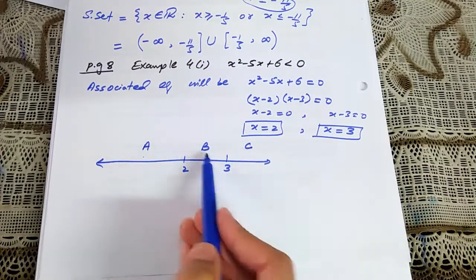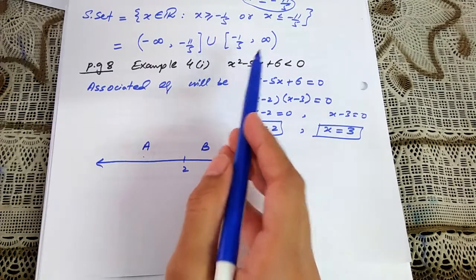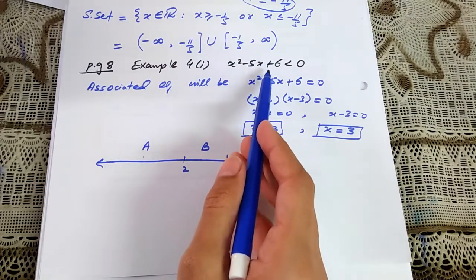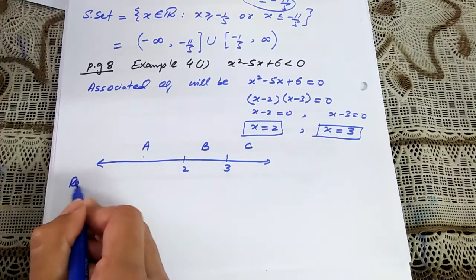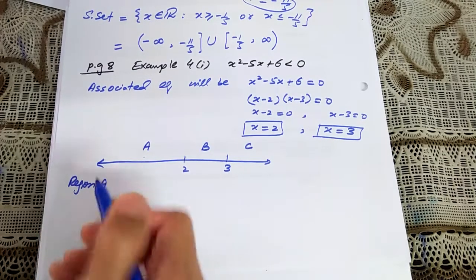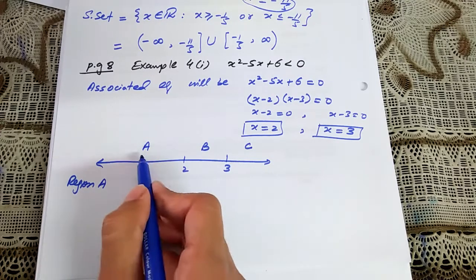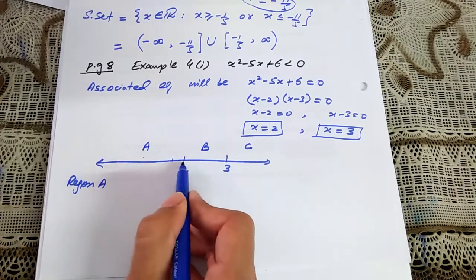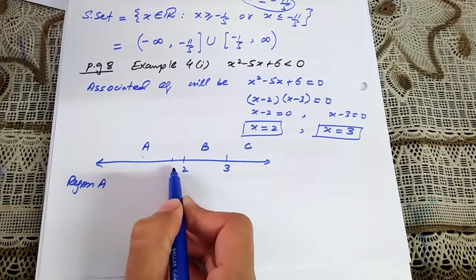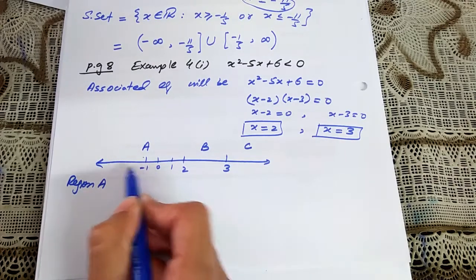Now we will just test the regions in the given inequality and observe its behavior. From region A, negative infinity to 2, take any point. You know that points on the left side are 1, 0, minus 1 and so on.